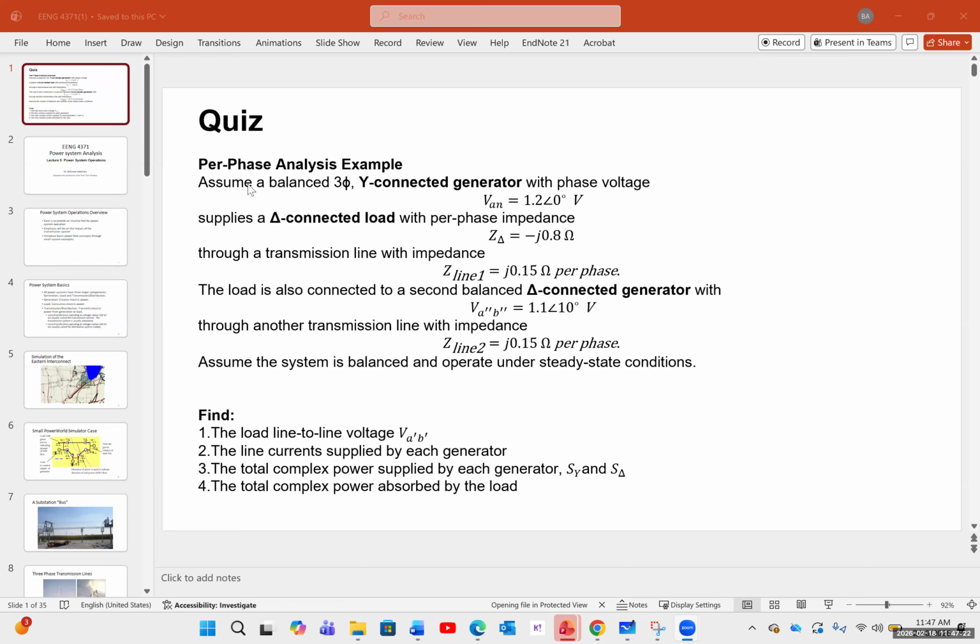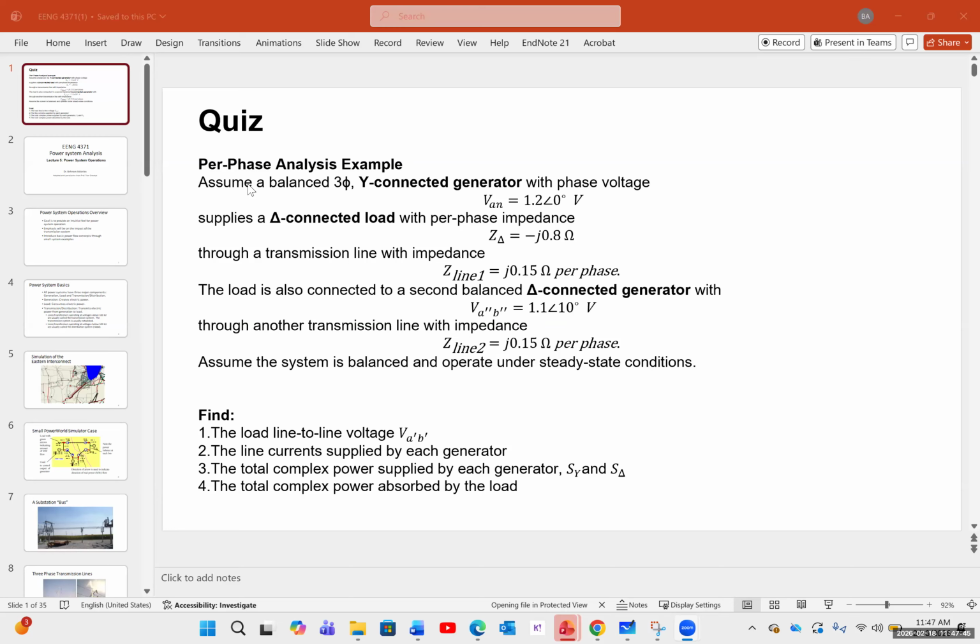The quiz is a per-phase analysis example. We assume we have a three-phase balanced Y-connected generator with the phase voltage VAN of 1.2 at an angle of 0 degrees volts, which supplies a delta-connected load with a per-phase impedance of negative j0.8 ohms.